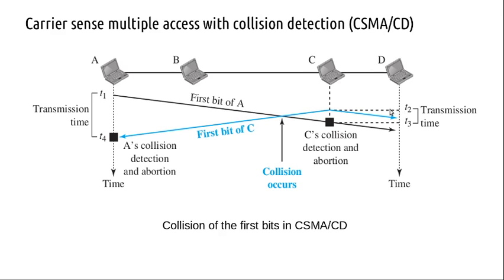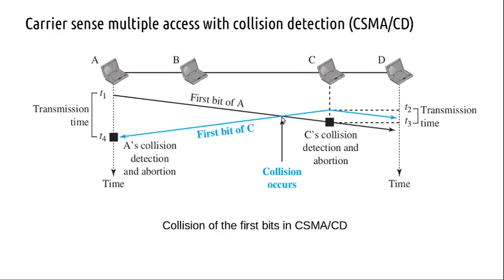Now what happens is that C detects the collision at time T3 and it will back off. That is what CSMA CD does, collision detect. Whereas node A gets to know that a collision occurred at time T4.